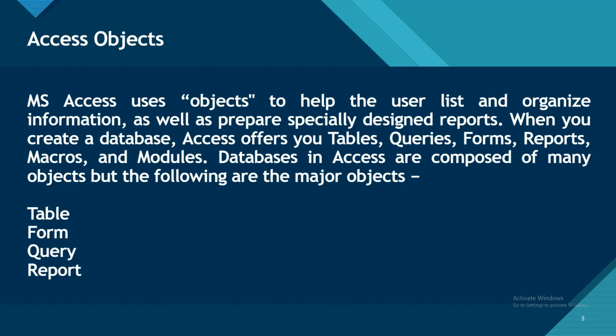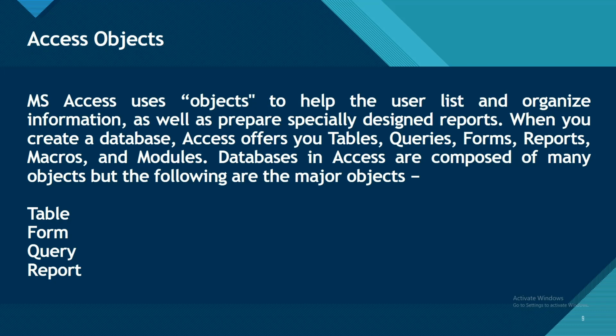Now let's understand what are Access objects. Databases in Access are composed of four main objects: tables, queries, forms, and reports. Together these objects allow the user to enter, store, analyze, and compile your data however you want. In short, everything in Access is an object.